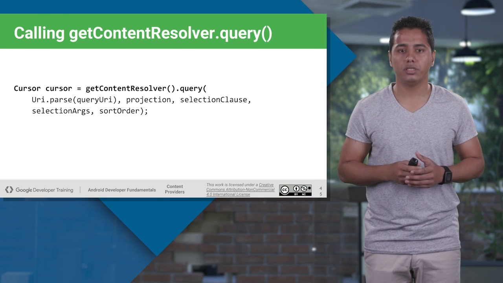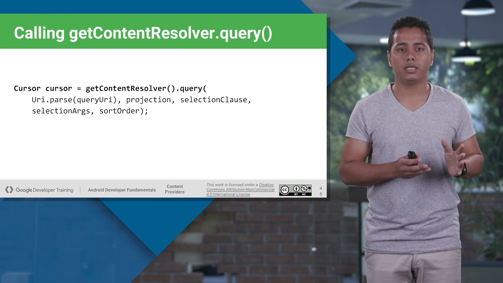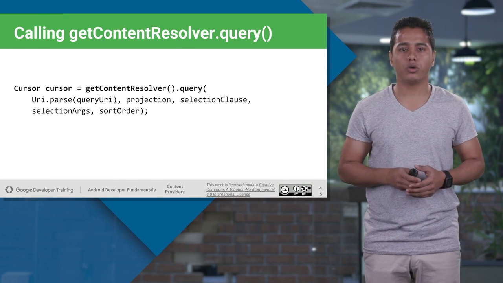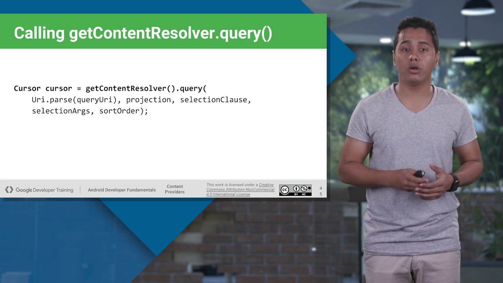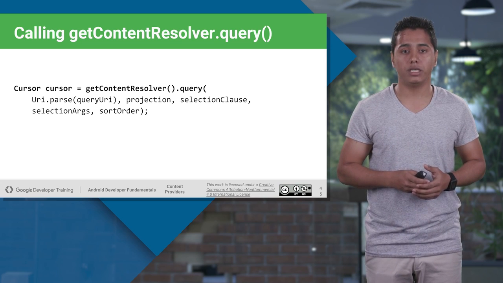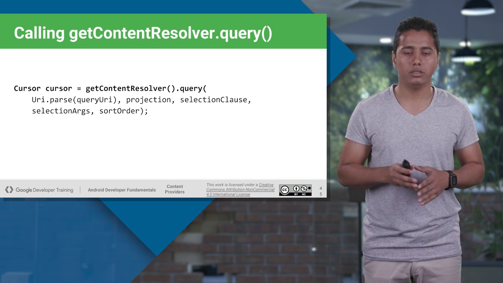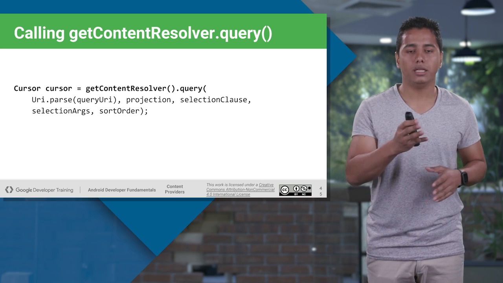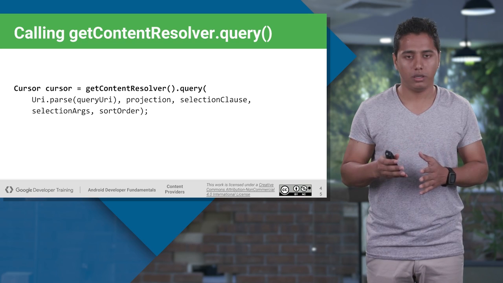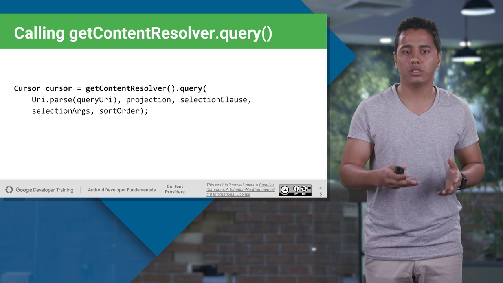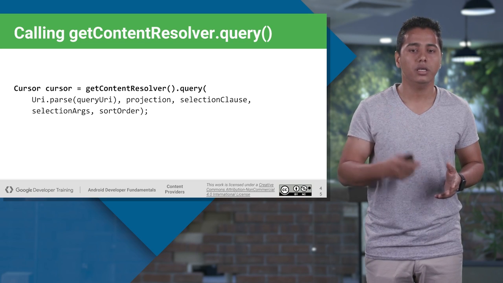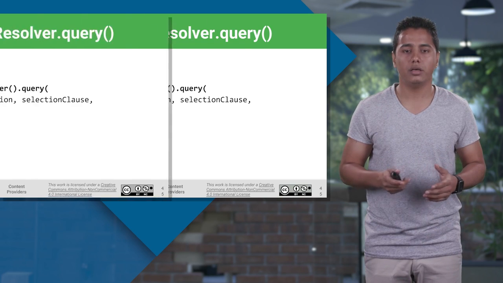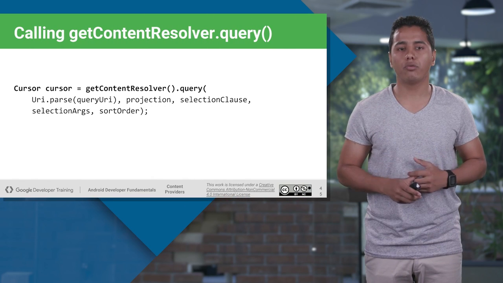It will return you a cursor object only. You can get your content resolver object by calling getContentResolver, then .query, and then pass your content URI, then the projection, the selection clause, the values for the selection, and the order.